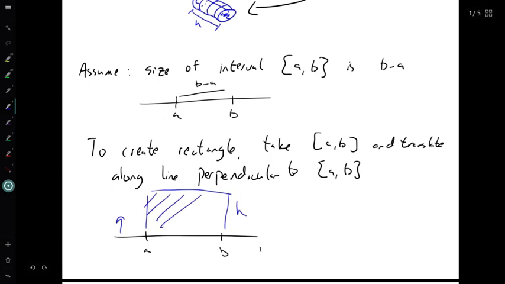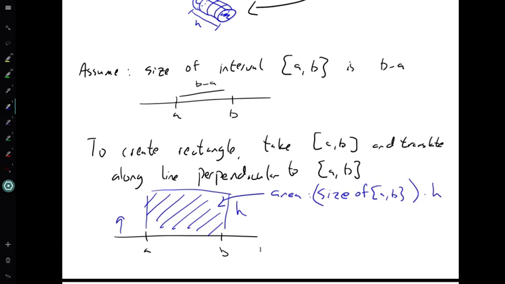And the assumption that I made about the area of this rectangle was that the area is equal to the size of AB, the base of the rectangle, times h. So this new assumption is very similar to the one we made previously, in the sense that now I'm starting with some two-dimensional region, translating it along a line perpendicular to it, and getting this thing that I'm calling a cylinder.